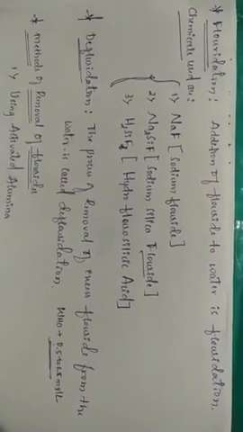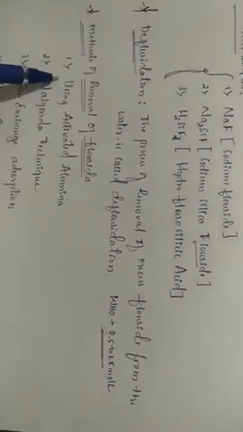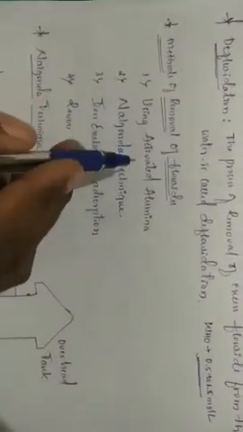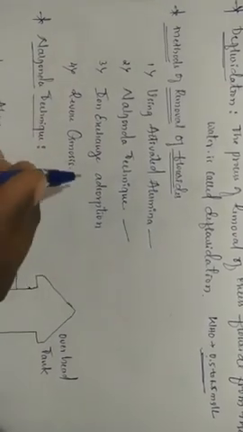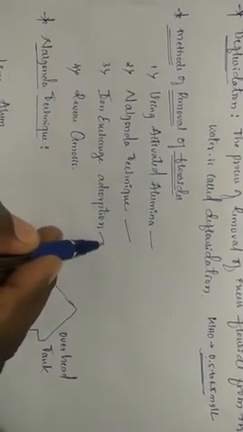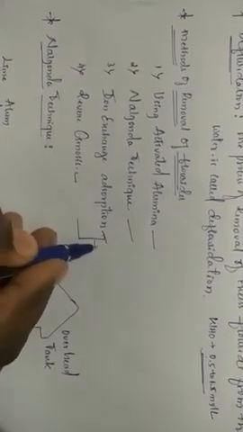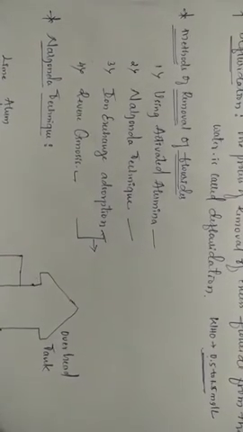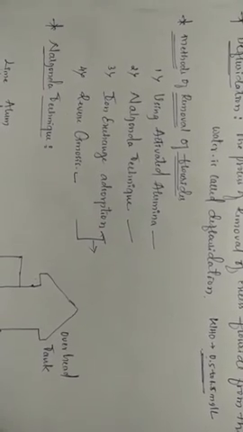How do we remove the fluoride from the water? For that there are four methods. The first one is using activated alumina, the second one is the Nalgonda technique, the third one is ion exchange adsorption, and the fourth is reverse osmosis. These two methods we are going to see in the water softening processes, that is the removal of permanent hardness.